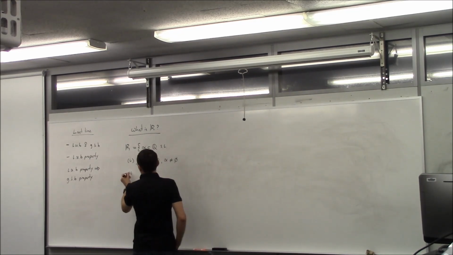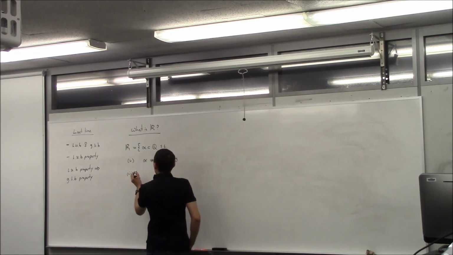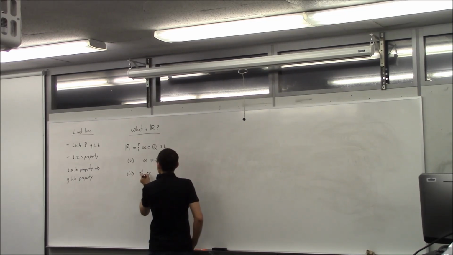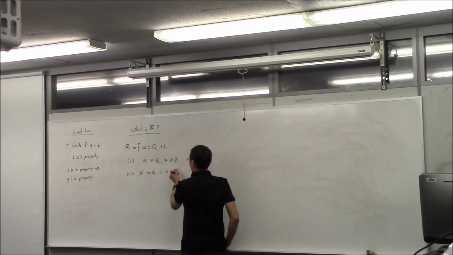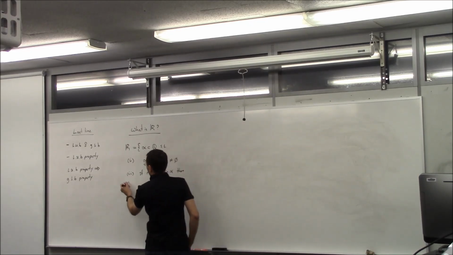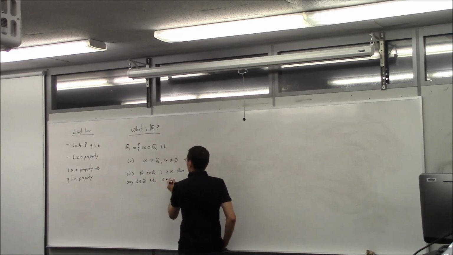Second property is that if a rational number r in Q is in alpha, then any t belonging to Q such that t is smaller than r is in alpha.